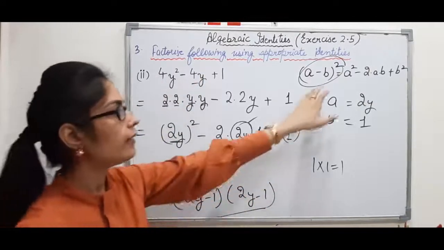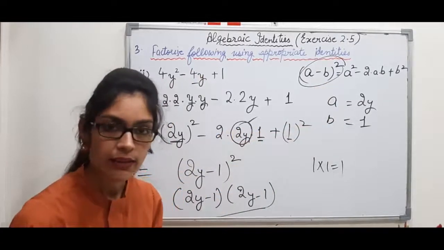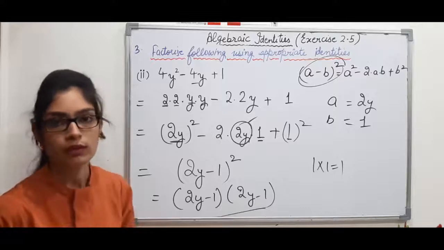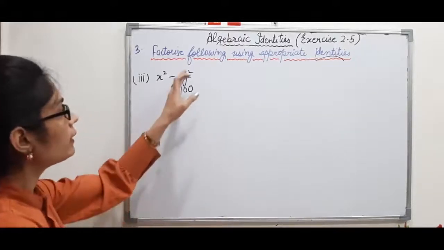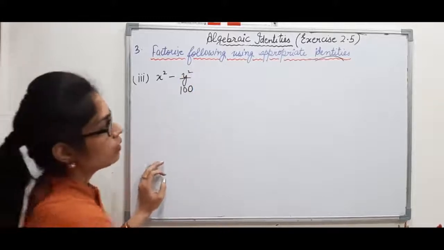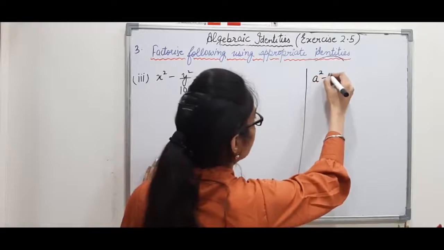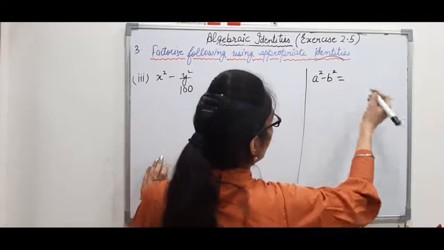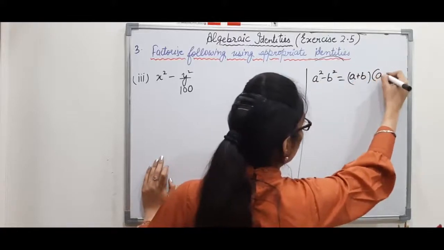We have used the identity. You just have to make sure, or you have to see which identity you can use. Now let's do the third part. The third part is x square minus y square by 100. So this is very simple. We have done one identity, a square minus b square is equal to a plus b into a minus b.